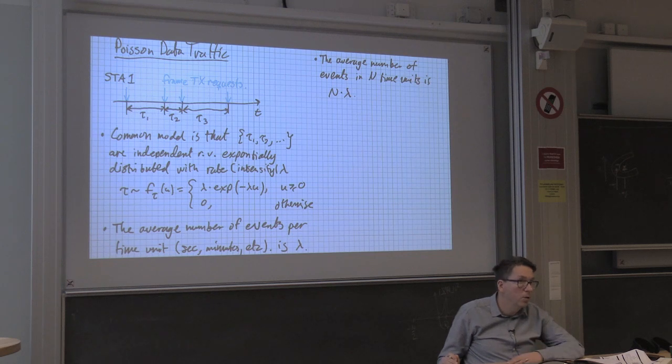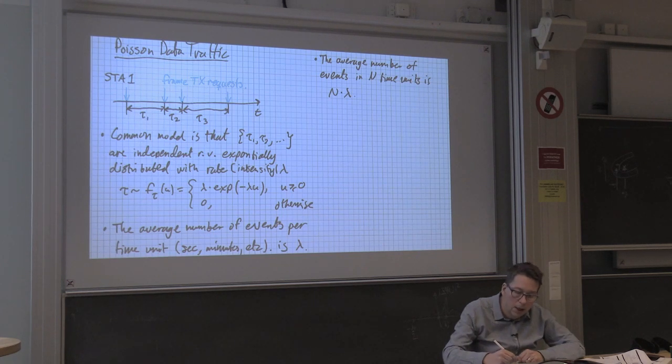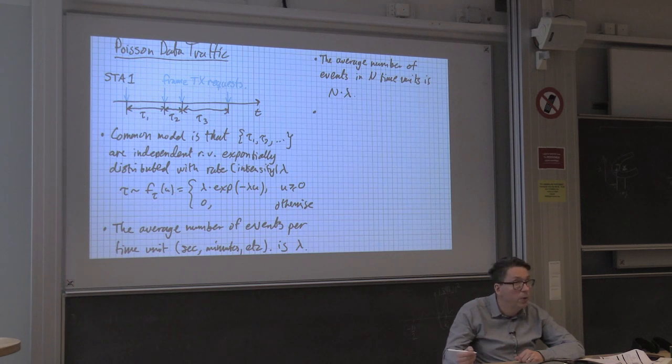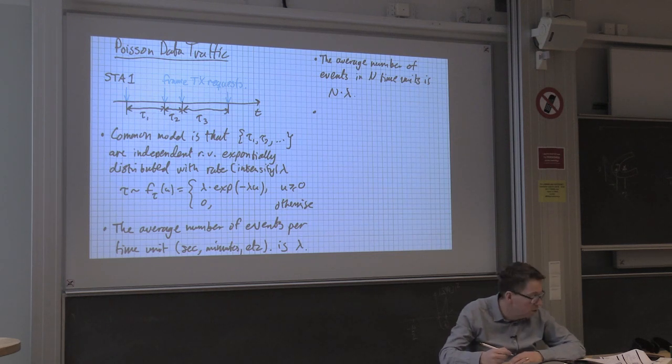That was not so difficult perhaps. If it's lambda events per time unit, and you have capital N time units, it's N times lambda. And if we're interested in the probability mass function for how many events occur per time unit, one can show what that is.